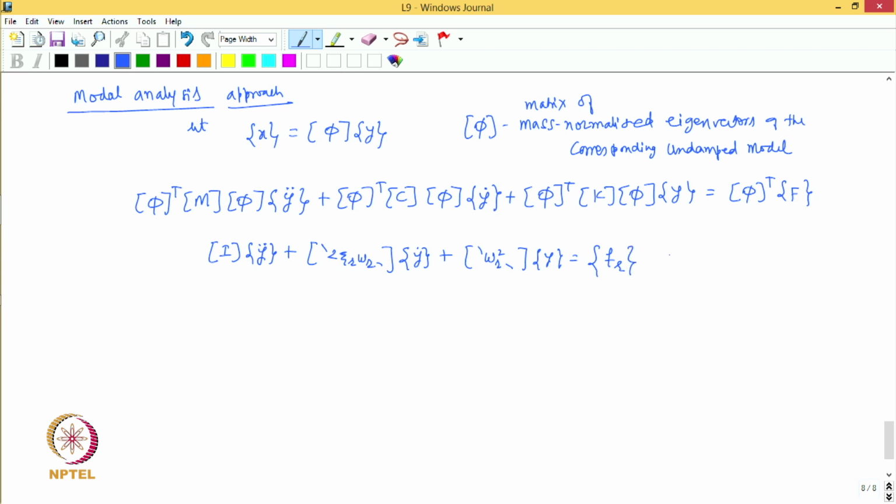Now these equations are decoupled, because all the coefficient matrices are diagonal: the unity matrix, the coefficient matrix of y dot and the coefficient matrix of y. Hence the equations are decoupled, and they represent the equilibrium of the system in n modes, and each equation is independent and we can solve each independently.